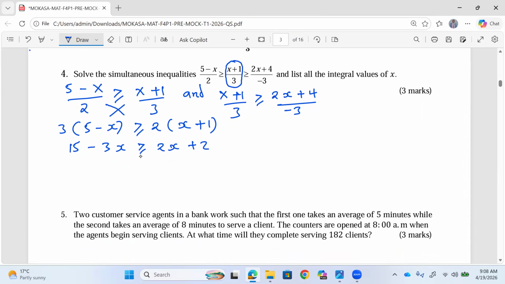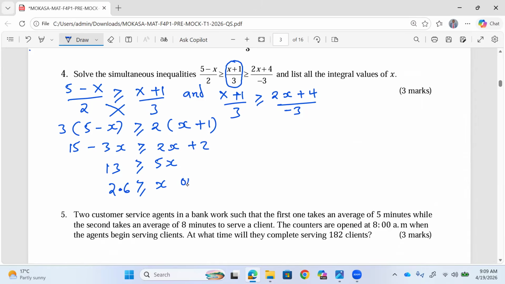Allow me to avoid division and multiplication with negatives by ensuring that 5x is on this side, because this is 2 and the negative 3 becomes positive. Then 2 should be subtracted from 15, so that we have x after dividing through by 5 being 2.6.